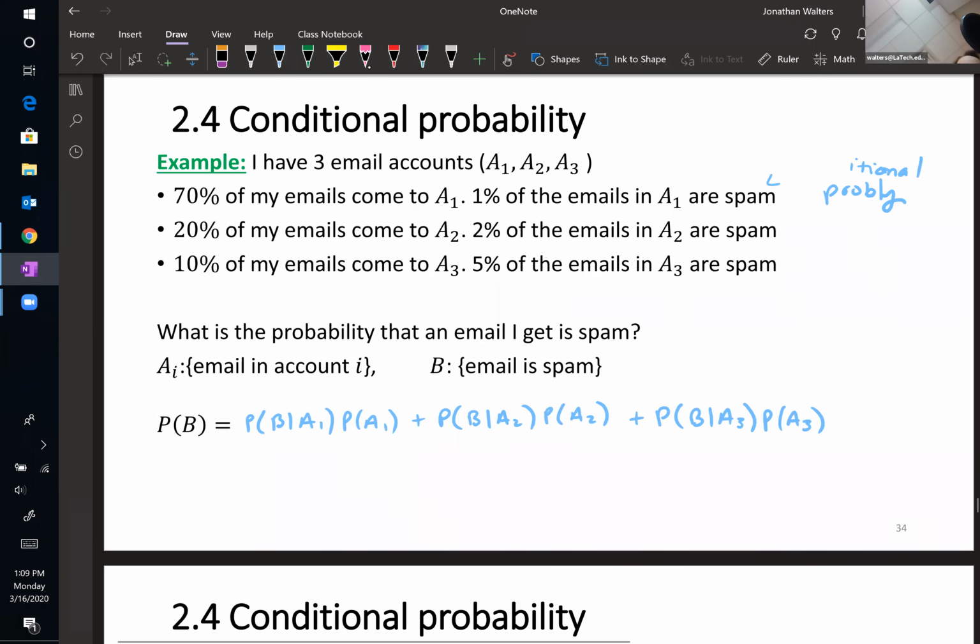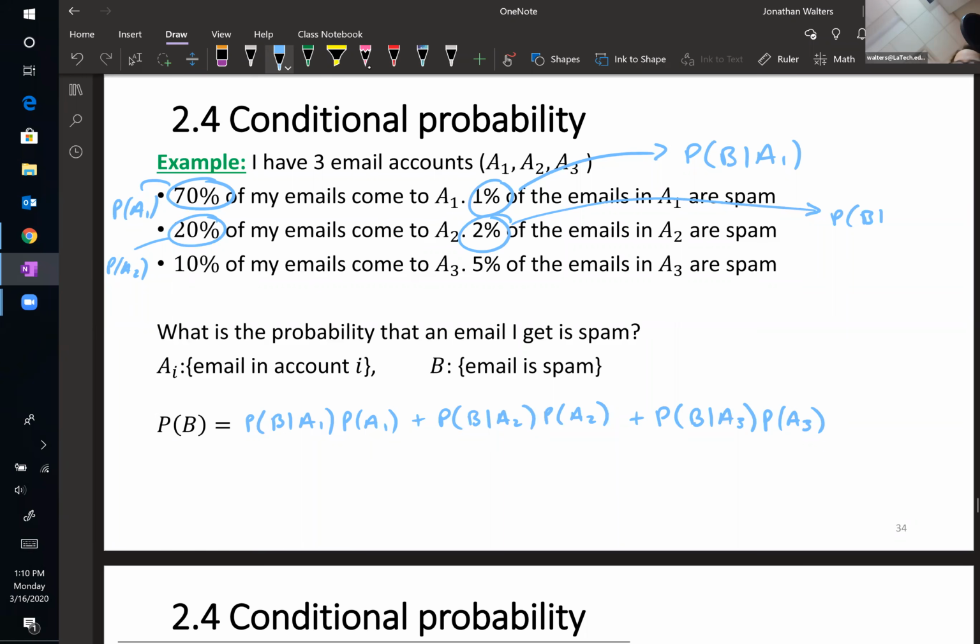Now, this 1% is the probability of spam given A1. And this 70% is probability of A1 because 70% of my emails go to account 1. So you already have the information, you just have to pick it out correctly from the text. This right here is probability of A2. This is going to be probability of spam given A2, so probability of B given A2. And you get the idea.